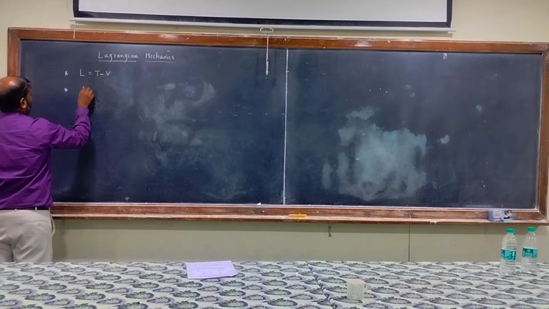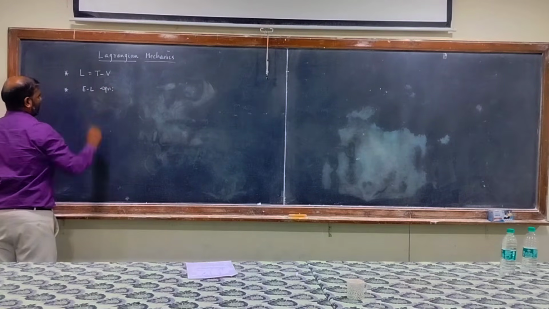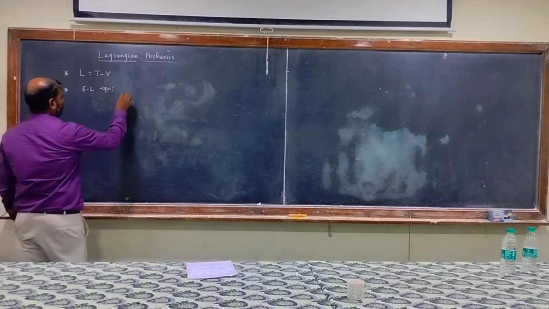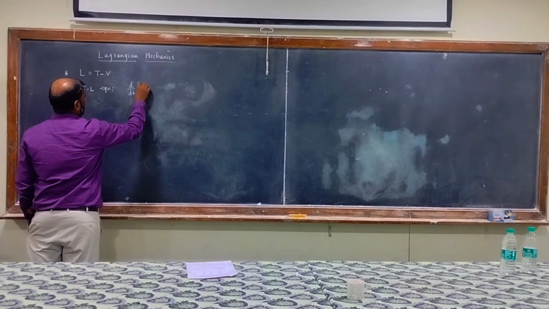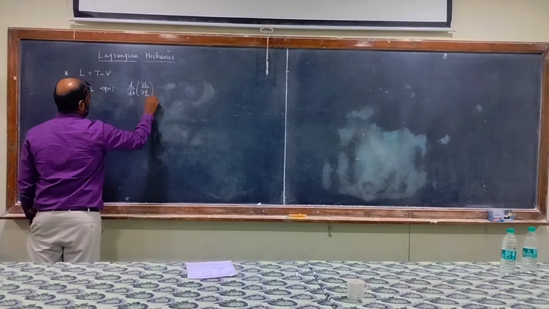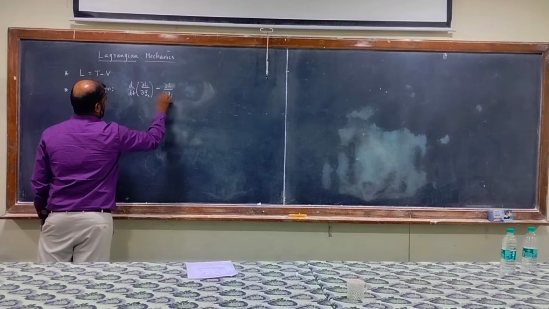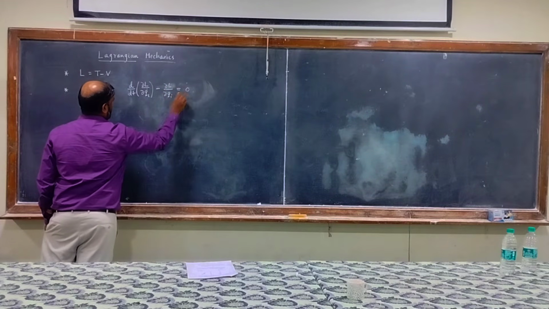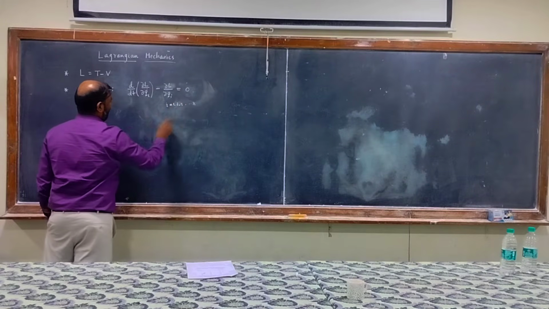Let us see what our equation is: d by dt of ∂L by ∂q̇i minus ∂L by ∂qi is equal to 0, for i equal to 1 up to n.